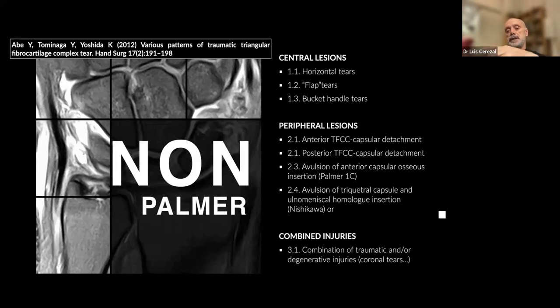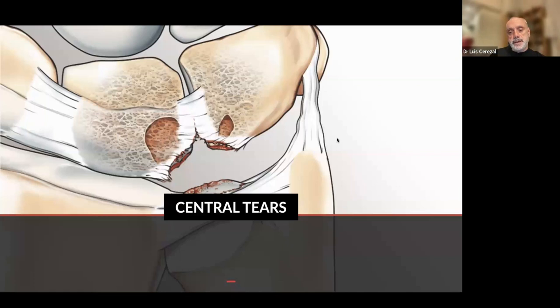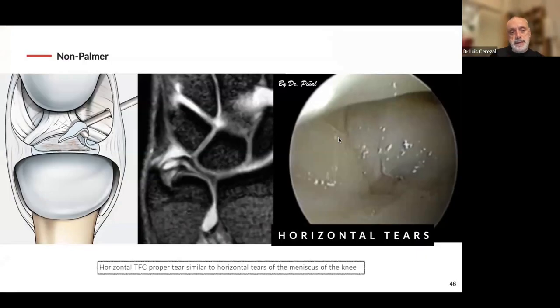Peripheral injuries that usually affect the well-vascularized part of the TFC are treated with debridement, reconstruction, and finally combined injuries, with a combination of traumatic or degenerative injuries or intra-articular injuries, which makes it really important to have a very good surgical diagnosis.